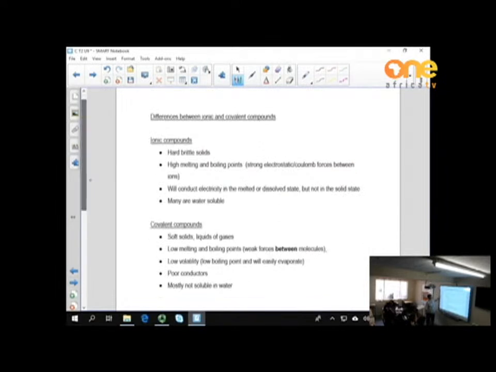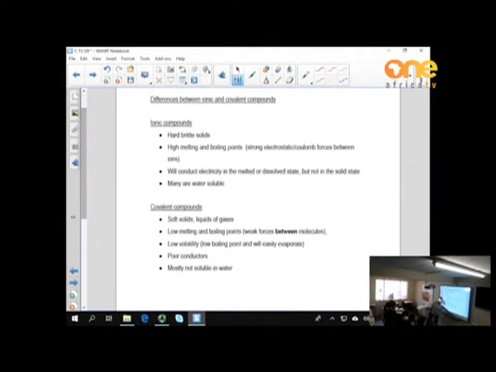Okay, people, now we've had a look at ionic bonding. We've had a look at covalent bonding. Now we're going to compare the properties of ionic compounds and covalent compounds. The physical properties of these compounds have to do with the strength of the forces between the particles.